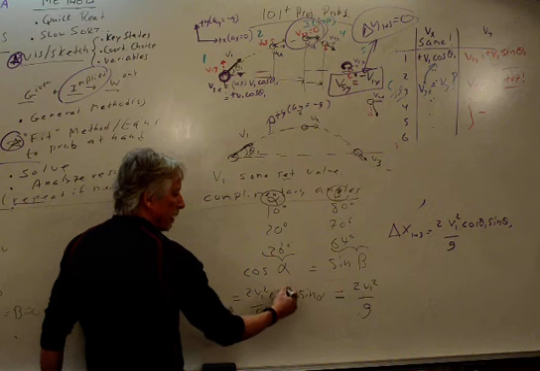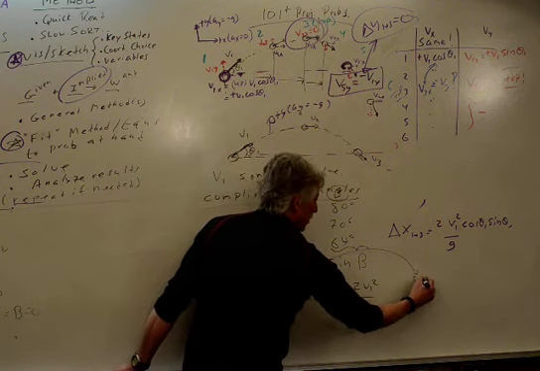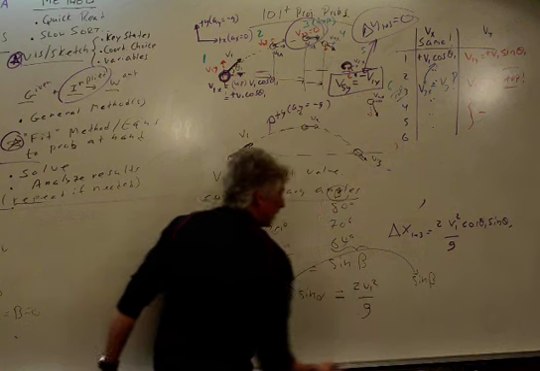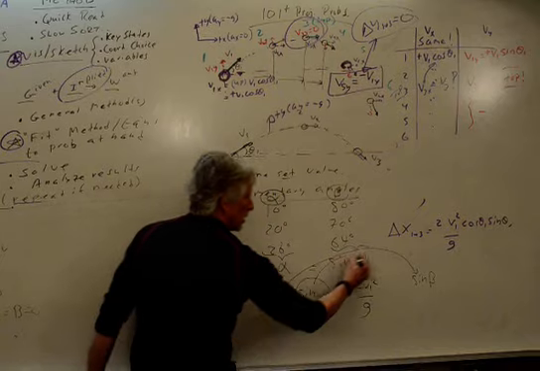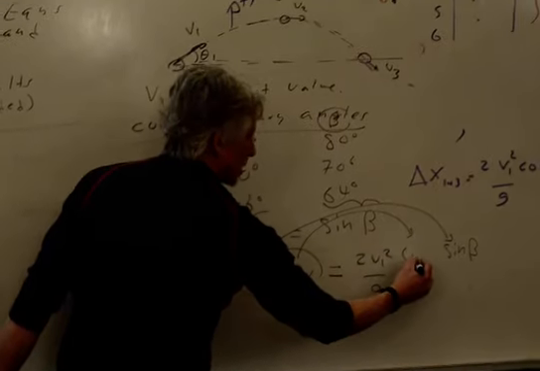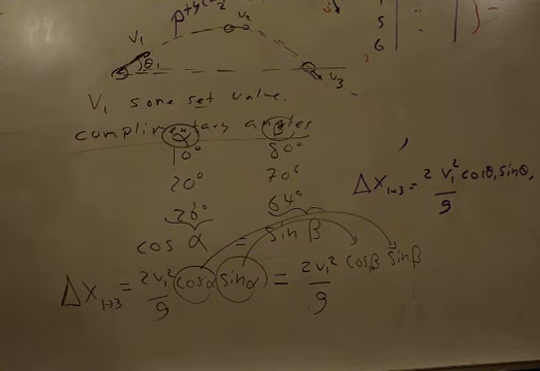well, cosine of alpha is the same as sine of beta, and sine of alpha is the same as cosine, the complementary sine of the complementary angle.